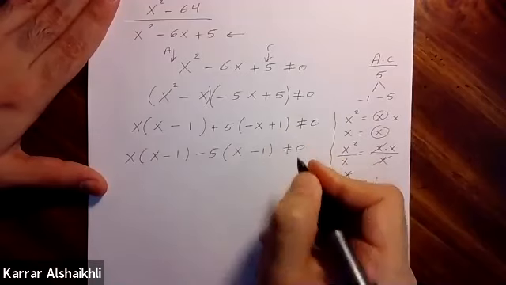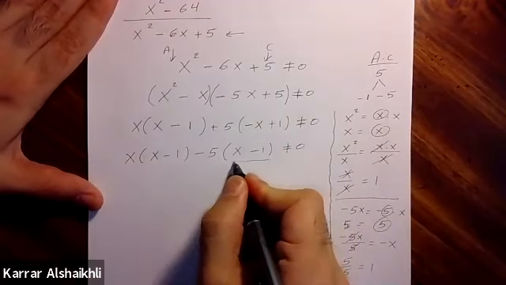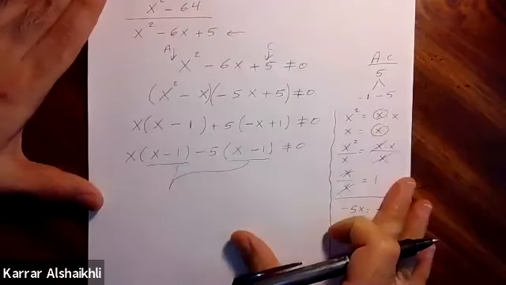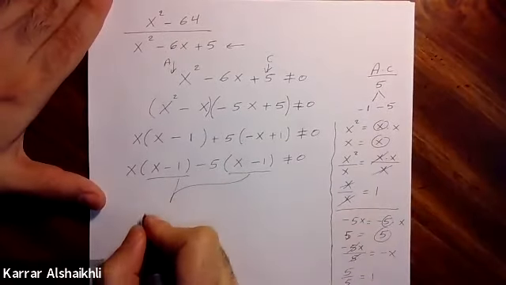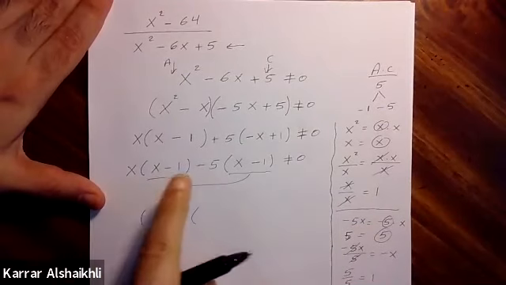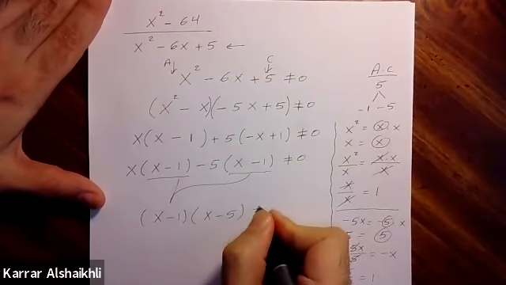It's going to be not equal to 0. You see, now we got exactly the same parentheses. So I'm going to write down just one parentheses, x minus 1, and the left x minus 5, not equal to 0.